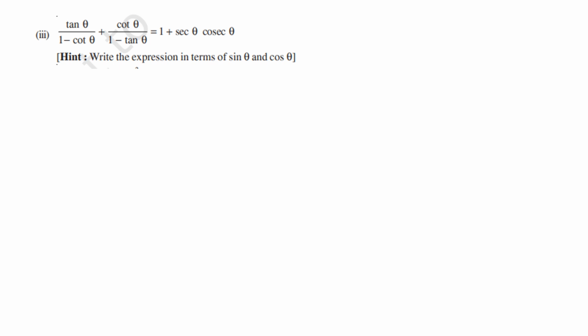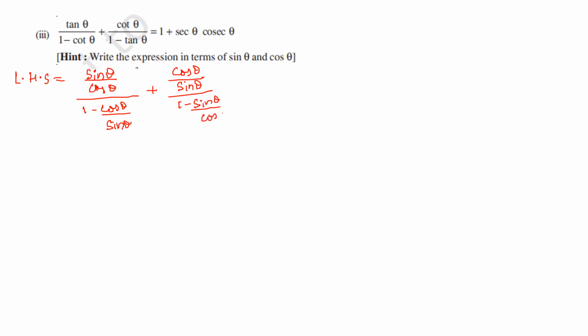So my LHS will be: tan theta I can write as sin theta by cos theta, and cot theta I can write as cos theta by sin theta, plus cos theta by sin theta over 1 minus sin theta by cos theta. Now in the denominator part we have to take the LCM.